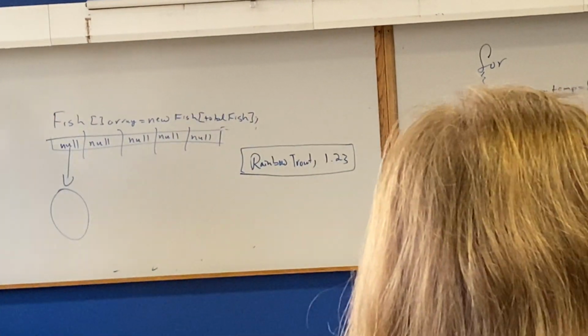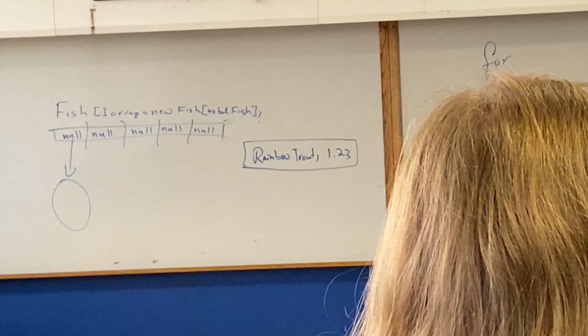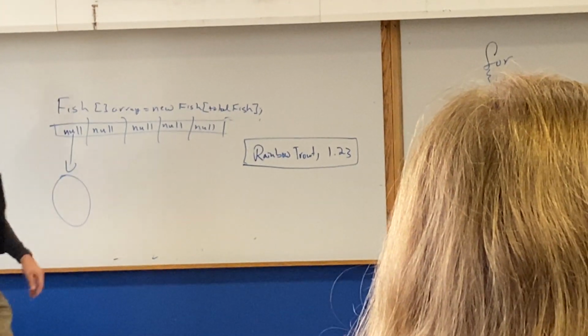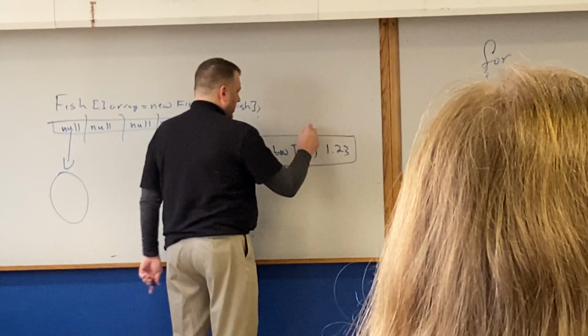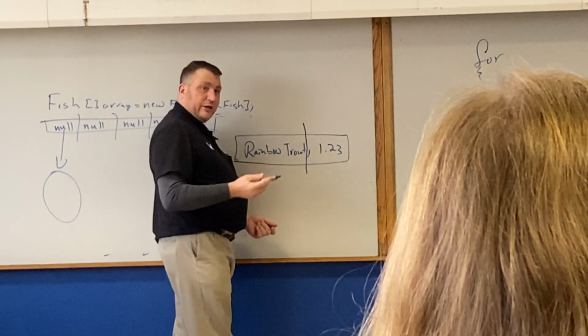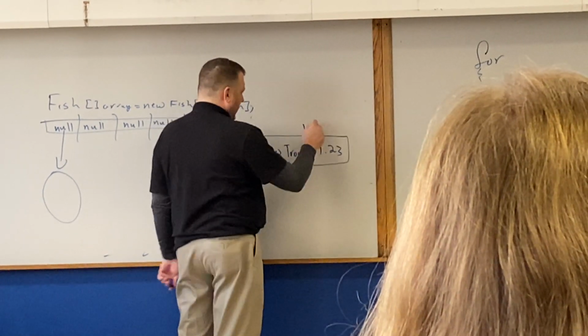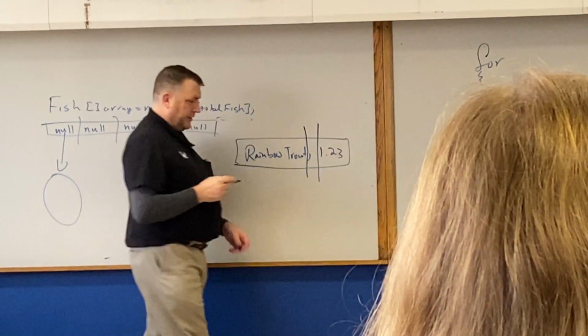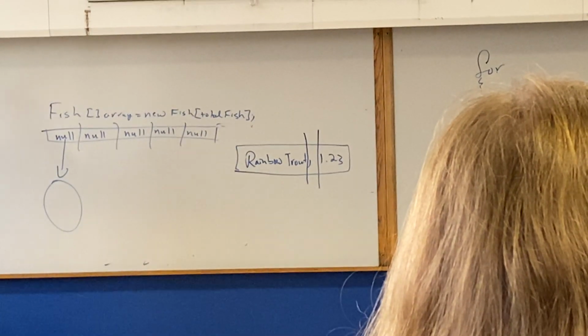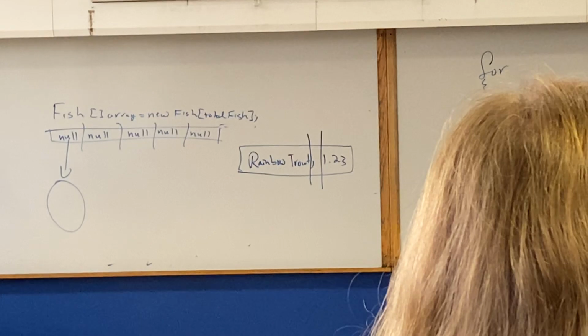So I need to break that string into 2 parts. I need to break it into the part that is the rainbow trout, the type, and I need to break it into the part that is the weight, right?